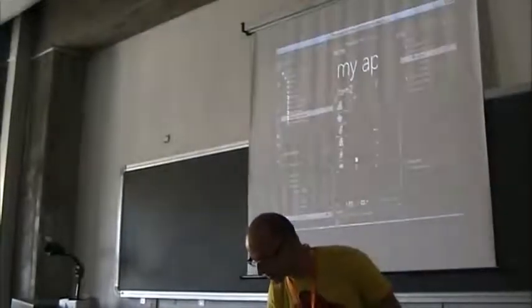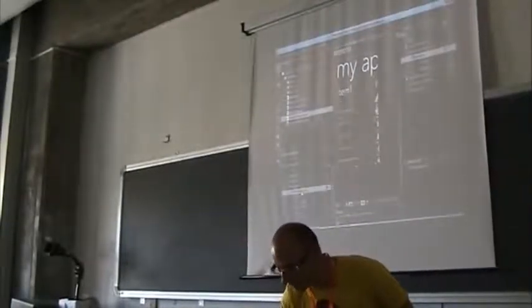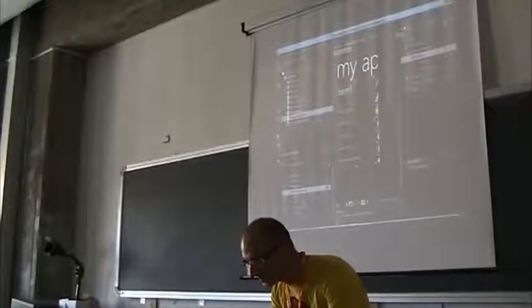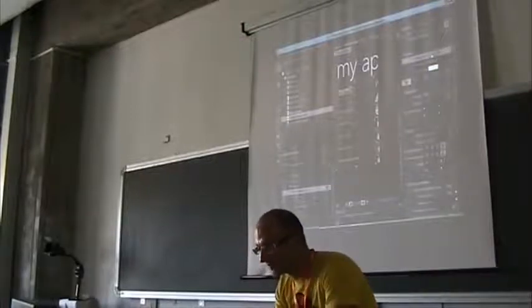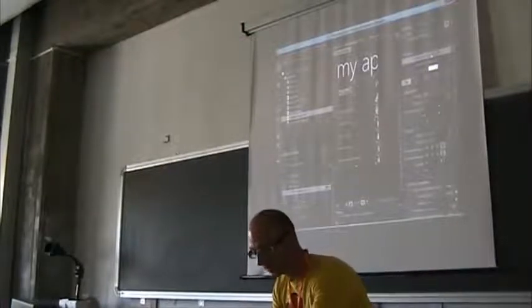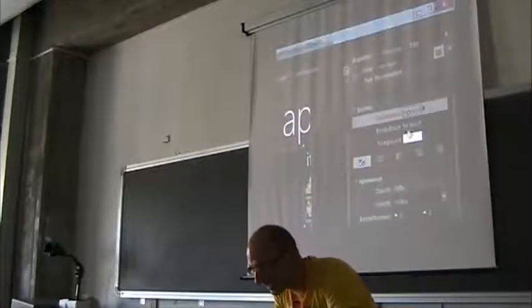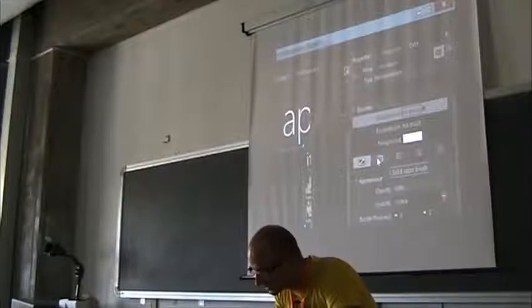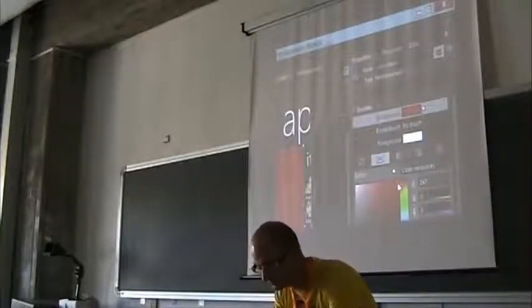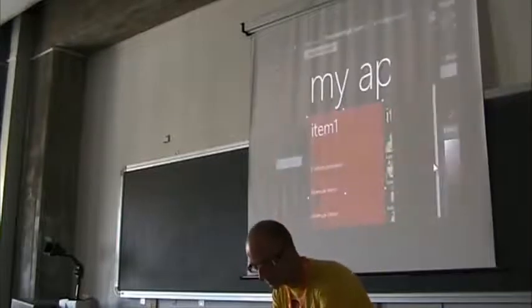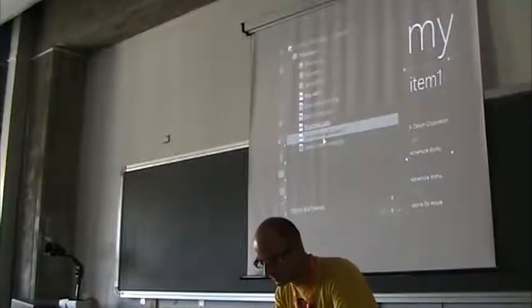Okay, so let's go to Expression Blend, and then we have the panorama item properties. Okay, we need a background. We need solid color brush, for example. Oh, sorry. Okay, this is not the right one.